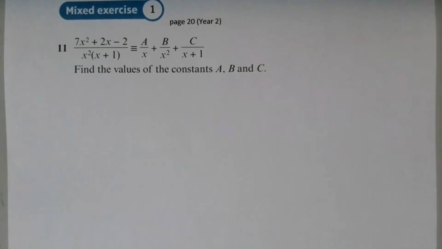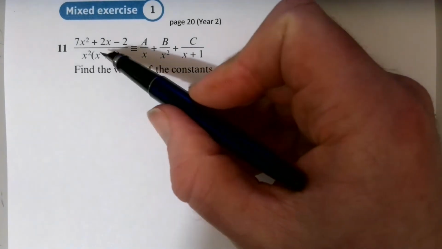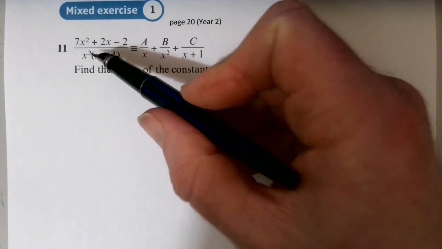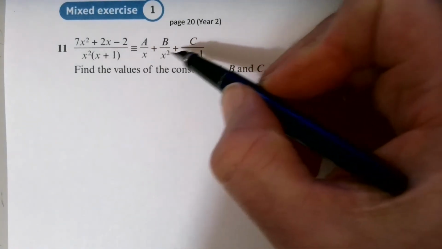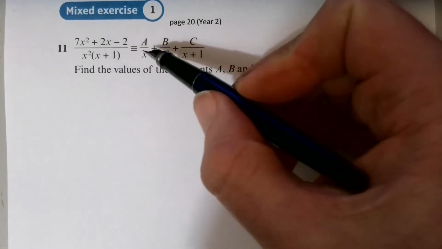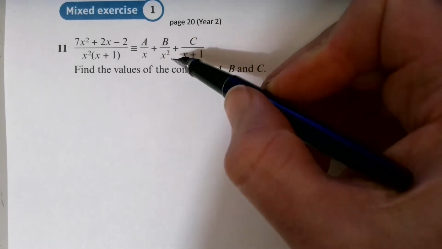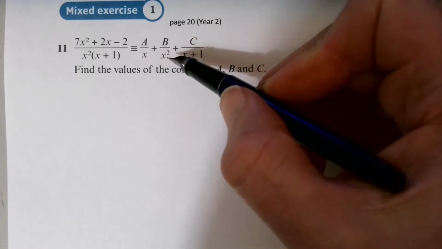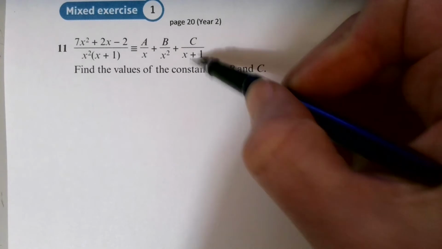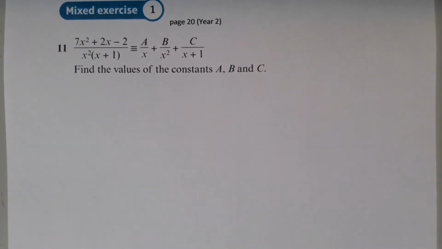Right, so this is called a repeated factor because we've got x squared, and that could be expressed in a partial fraction with 3 different denominators: x, x squared, and x plus 1, what's in the bracket there.